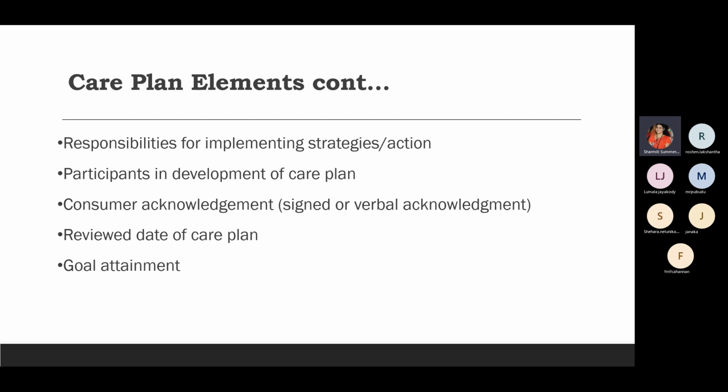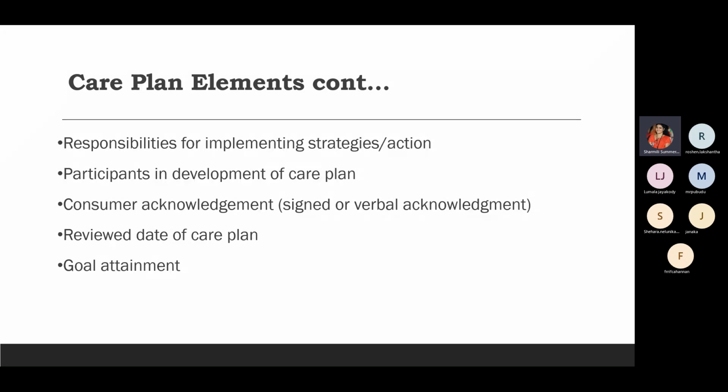Sometimes after the review, you may make some changes from the first day of your care plan. So putting the review date indicates, okay, on this date I made some changes. I reviewed the previous care plan, and I made some changes.